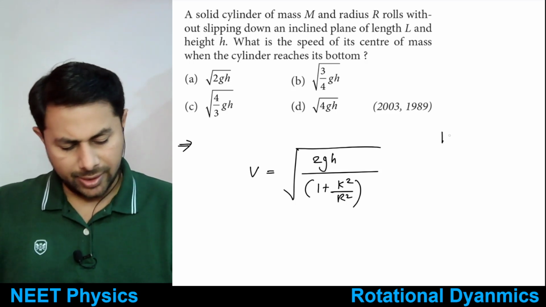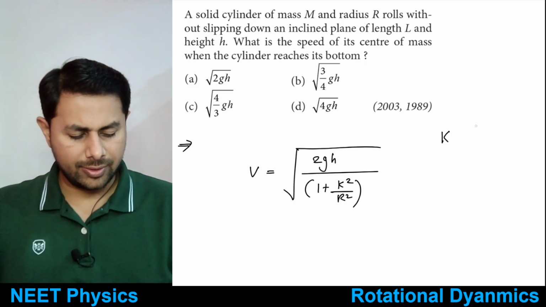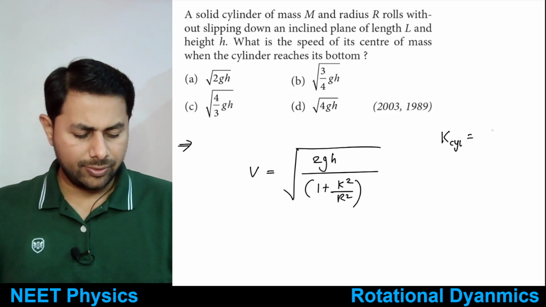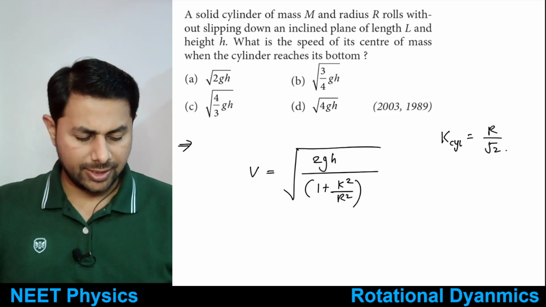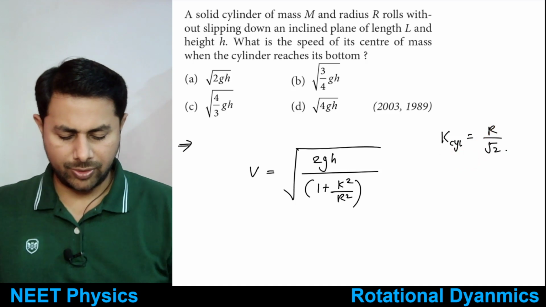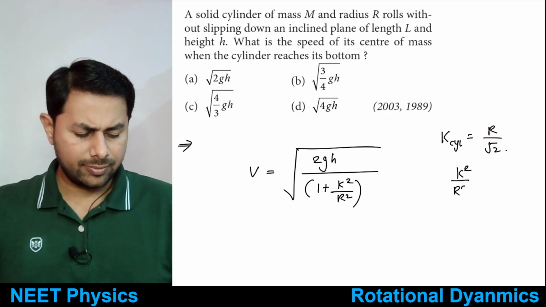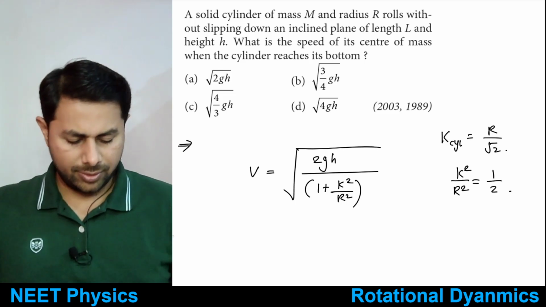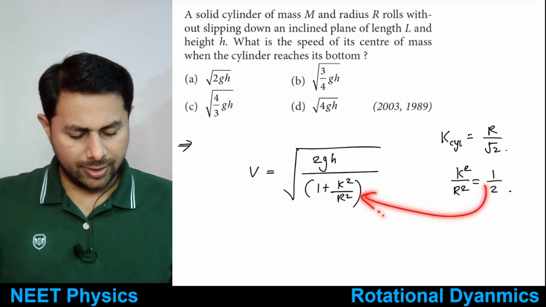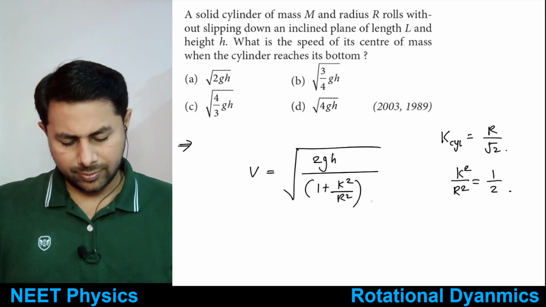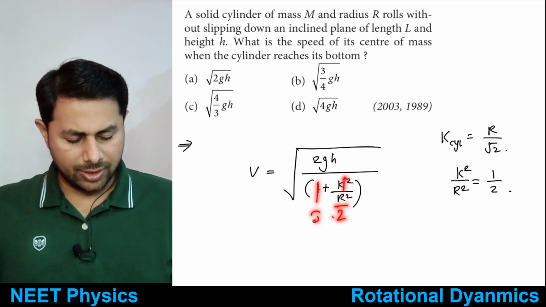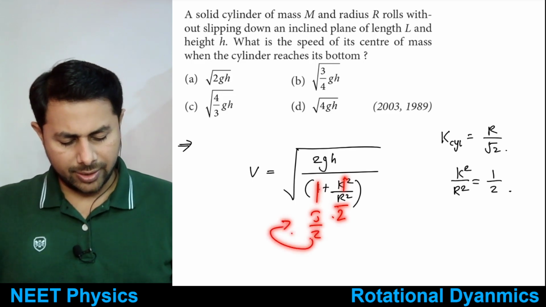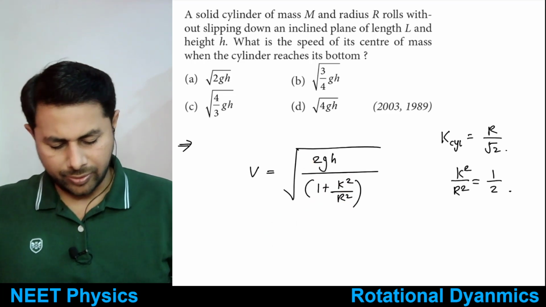For a cylinder, k is equal to r divided by root 2, right? So what is k square upon r square? It is equal to 1 by 2. You put that here, 1 plus 1 by 2 is 3 by 2. So take that 2 in the numerator, 2 times 2 means 4, so it becomes 4 by 3.